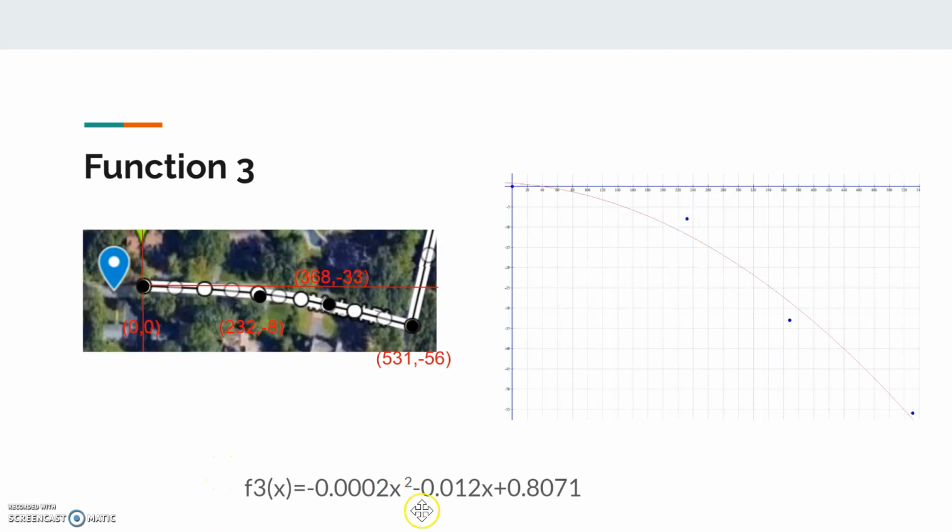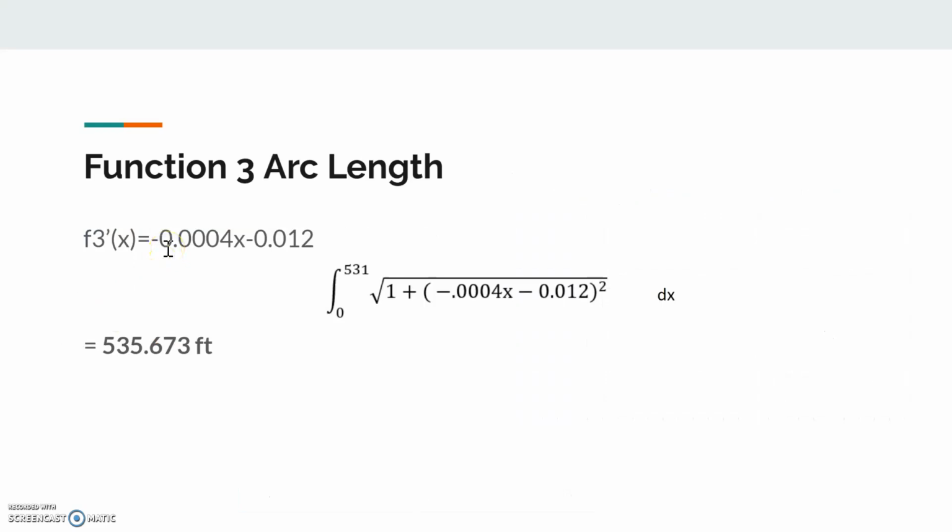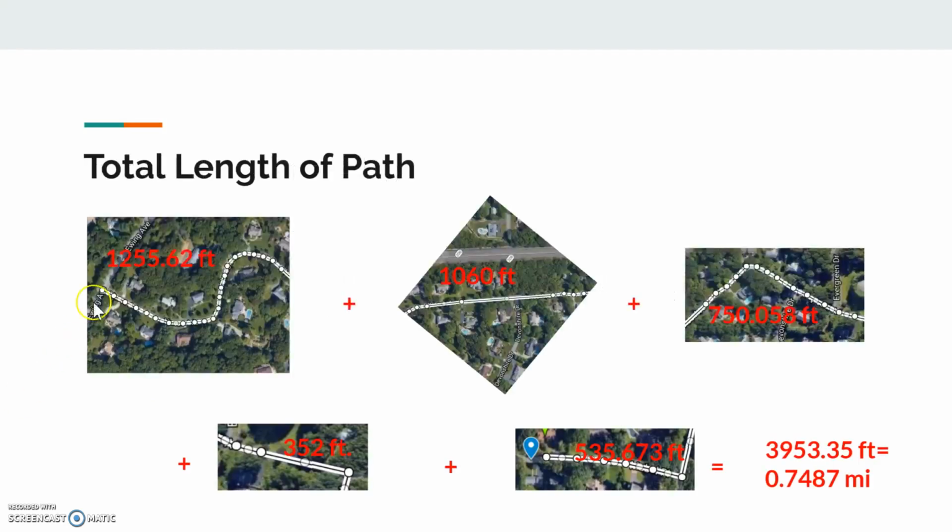And the generated function is seen below here. The derivative was taken of that generated function, and it was plugged into the arc length integration formula, and it was found that this function had a length of 535.673 feet.